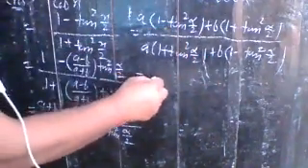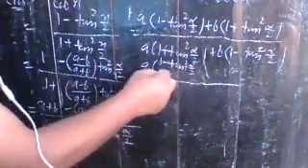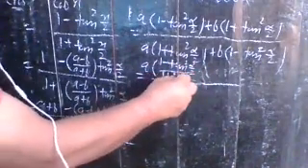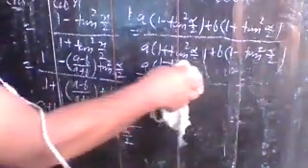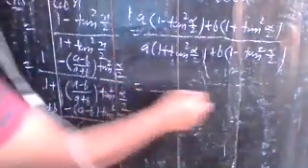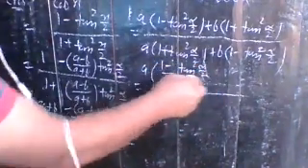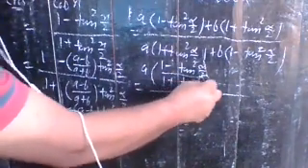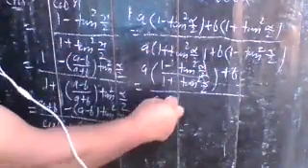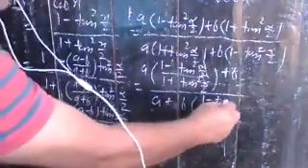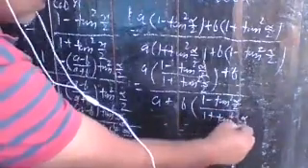So divide it. Here you have a into 1 minus tan square alpha by 2 divided by 1 plus tan square alpha by 2, and here you have b, because that we cancel out, and here you have a plus b times 1 minus tan square alpha by 2 upon 1 plus tan square alpha by 2.